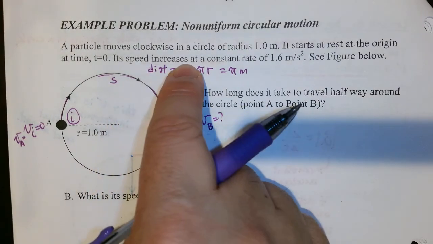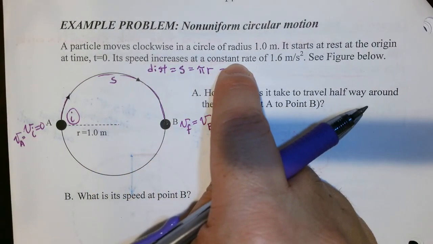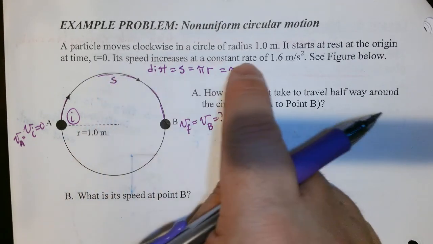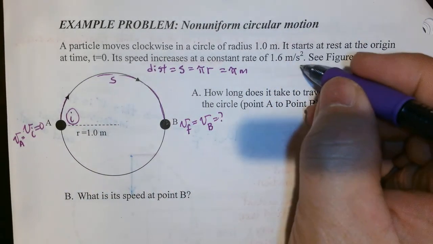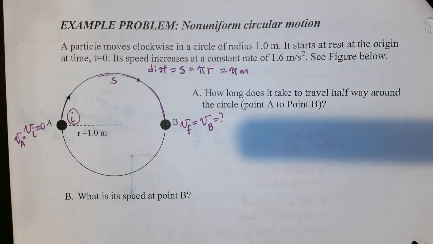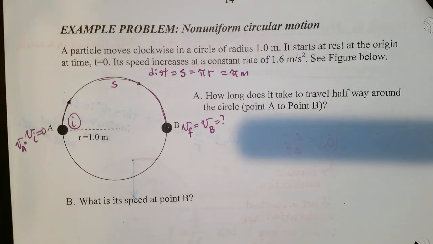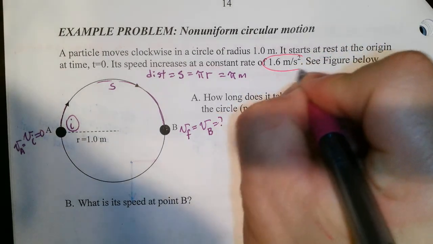Its speed increases at a constant rate. So when the speed increases at a constant rate of 1.6 meters per second squared, we know that this is a tangential.